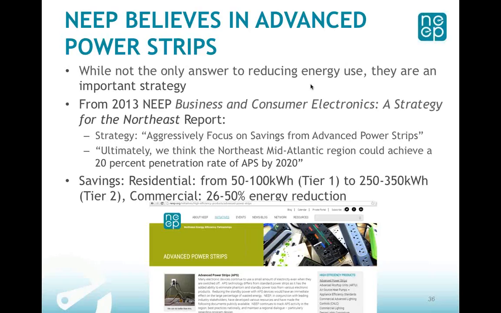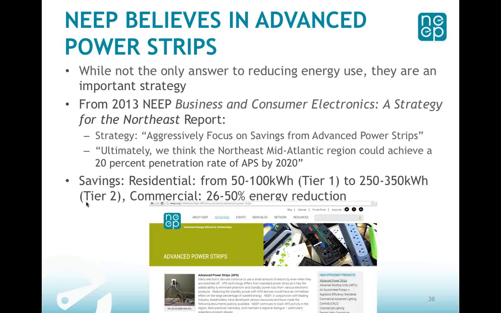In terms of what that could mean for savings, it depends on the product and the application, but to give some rough numbers, in a residential context, a Tier 1 product, which I'll talk about in a minute, could save somewhere between 50 to 100 kWh per year, whereas a Tier 2 product could be in the range of 250 to 350 kWh per year.